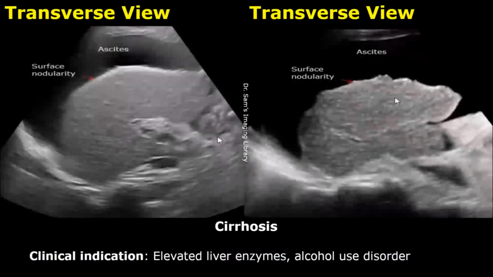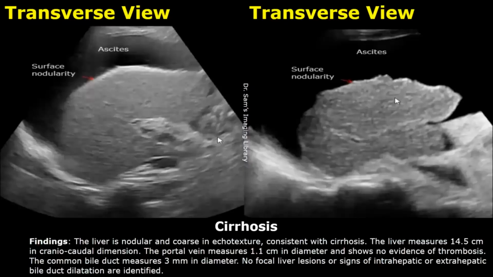This is a case of cirrhosis. The clinical indication can be elevated liver enzymes or alcohol use disorder. The findings will include the nodular appearance and coarse echotexture, which is consistent with cirrhosis.